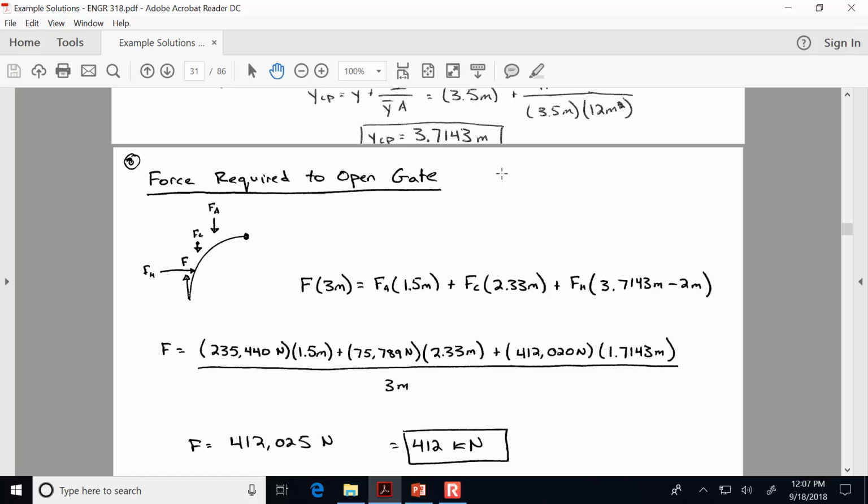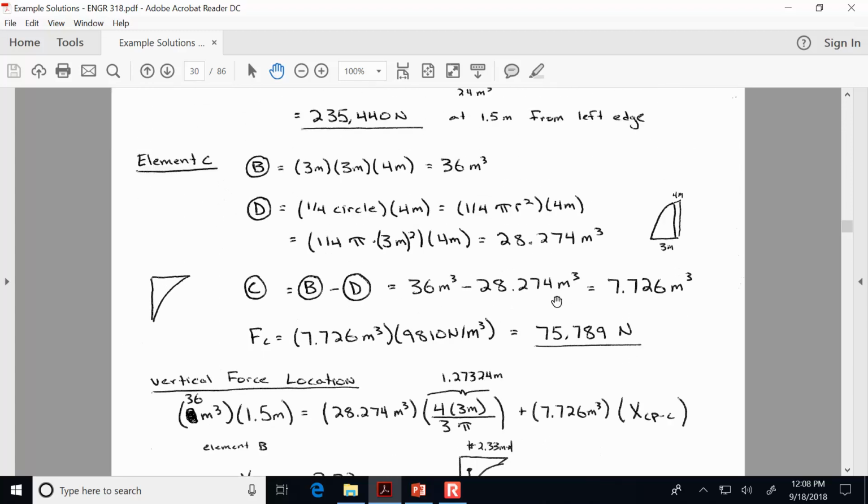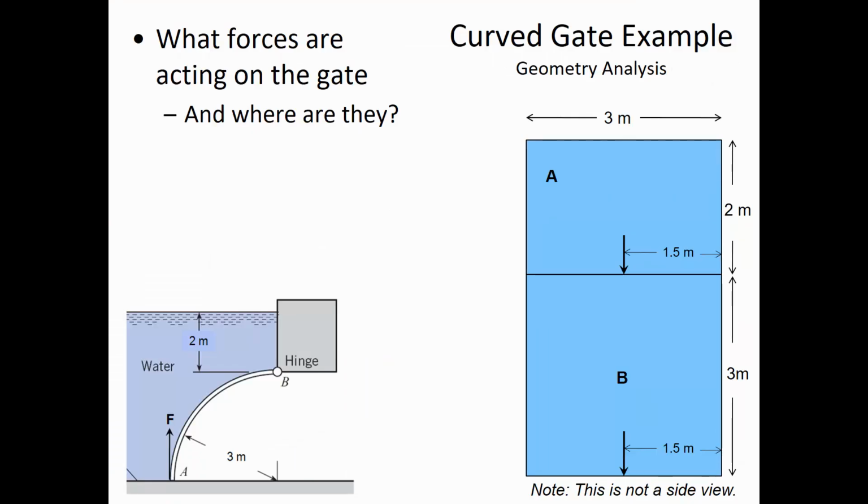Student question: What steps do you take to find, for force C, the distance from the vertical axis? To find the 2.33? All right. What we did there was the whole thing where I was saying consider element B, which is all of the water that is down here, or that would be there if the gate wasn't in place.